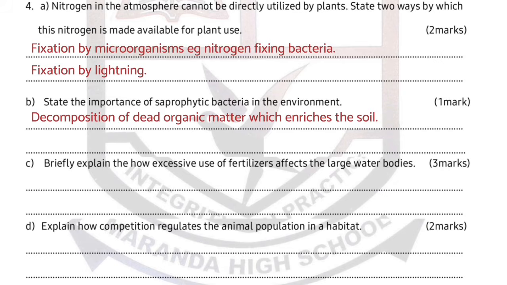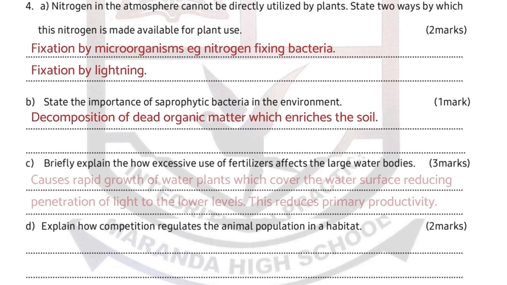Part C, briefly explain how excessive use of agrochemicals affects large water bodies. So agrochemicals are chemicals that are used in agriculture. Very good example are the fertilizers. Now, if these are released into large water bodies, like for example rivers, they are going to cause rapid growth of water plants, okay?